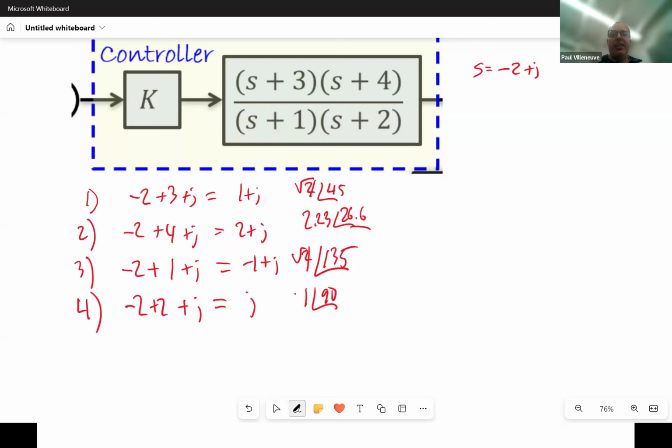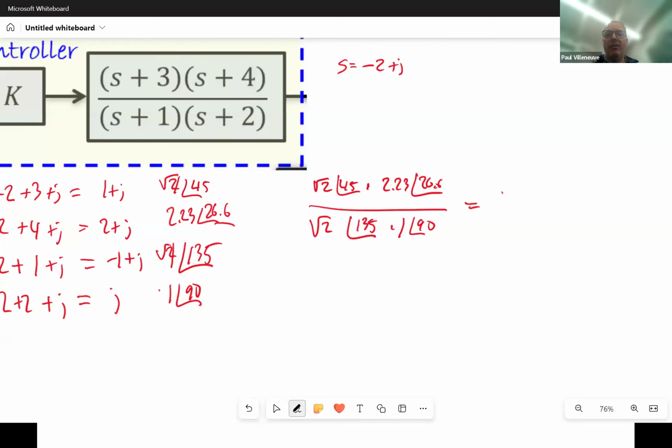So now all I need to do: square root of 2 at an angle of 45 times 2.23 at an angle of 26.6, divided by square root of 2 at an angle of 135 times 1 at an angle of 90. That's going to be equal to square root of 2 times 2.23 divided by square root of 2.